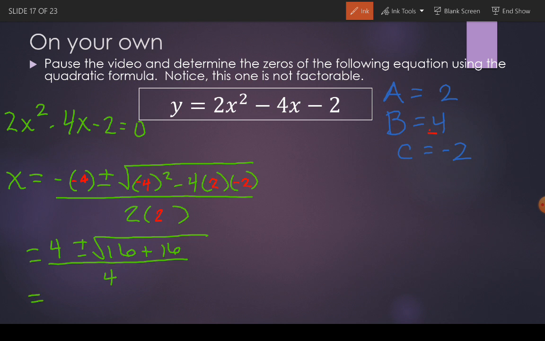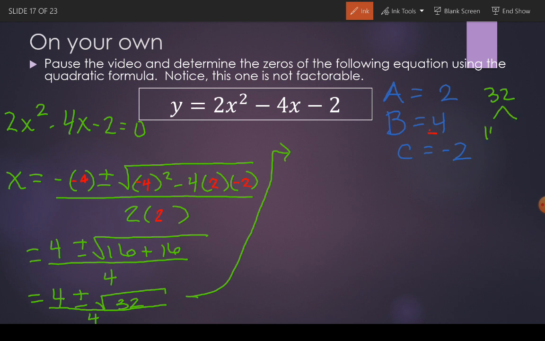And this is equal to 4 plus or minus the square root of 16 plus 16, which is 32, all over 4. Let's snake this around. So we have the square root of 32. Well, that can break down into, let's make a little tree for 32 really quickly, because it's not a perfect square.